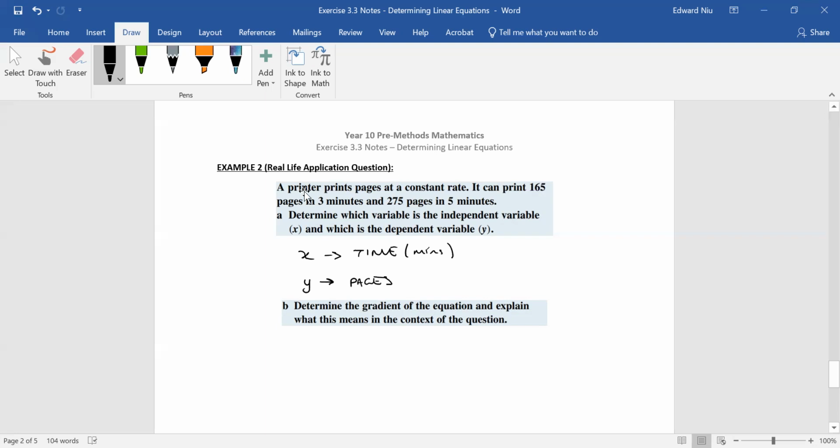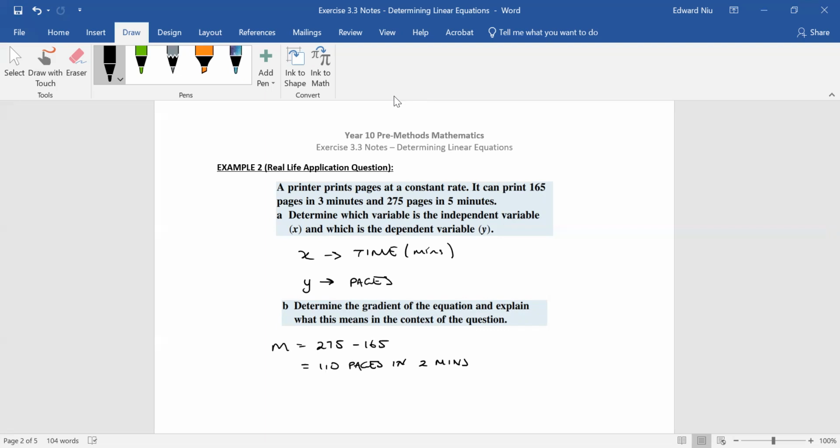So in other words, the printer prints 110 pages every 2 minutes. Let me just write this down. 275 take 165, which equals 110 pages in 2 minutes.